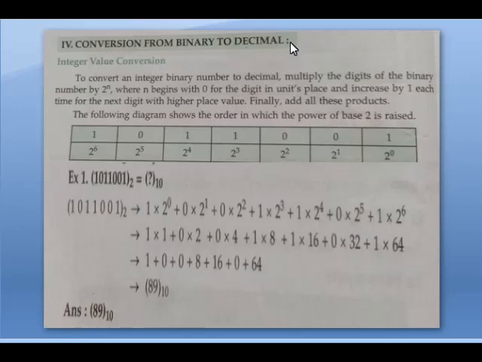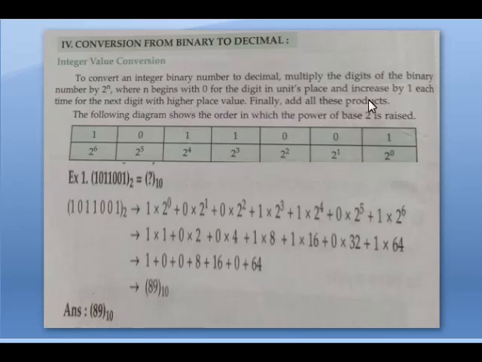First, the integer value conversion. To convert an integer binary number to decimal, multiply the digits of the binary number by 2 power n, where n begins with 0 for the digit in units place and increases by 1 each time for the next digit with a higher place value. Finally, add all these products.